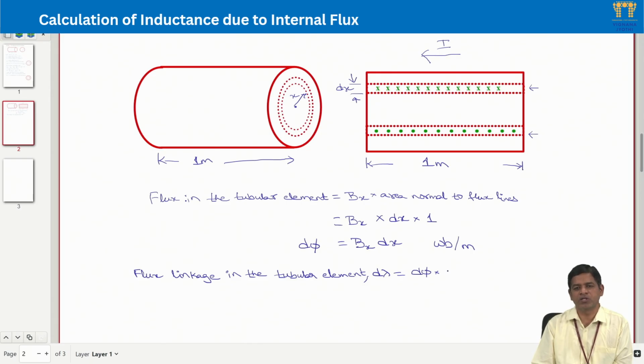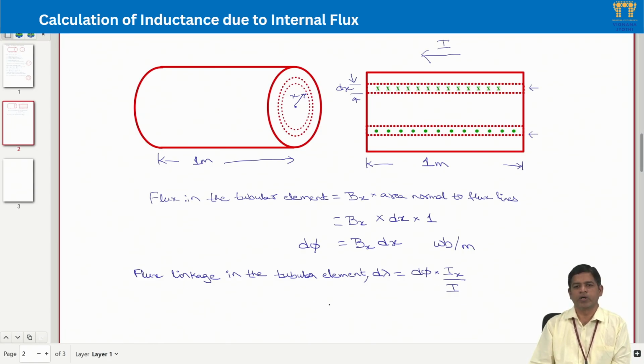So when I is the total current and Ix is the current which is flowing in the portion between the center of the conductor to the point x, here we can write the fraction of current as Ix divided by I. So Ix by I basically represents the fraction of current which is linked by the flux in the tubular element. Alright.